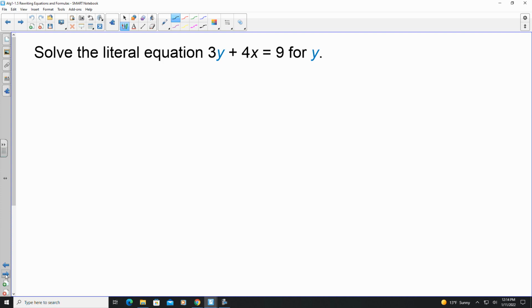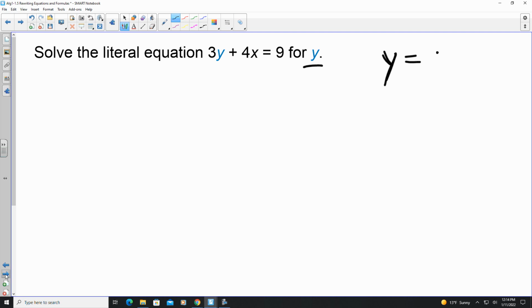So for instance, here they want us to solve this particular equation for y. When they say that, that means they want you to get that variable by itself. Even though we have two variables here, x and y, we are solving for y. So at the end of it, y is going to be equal to something.